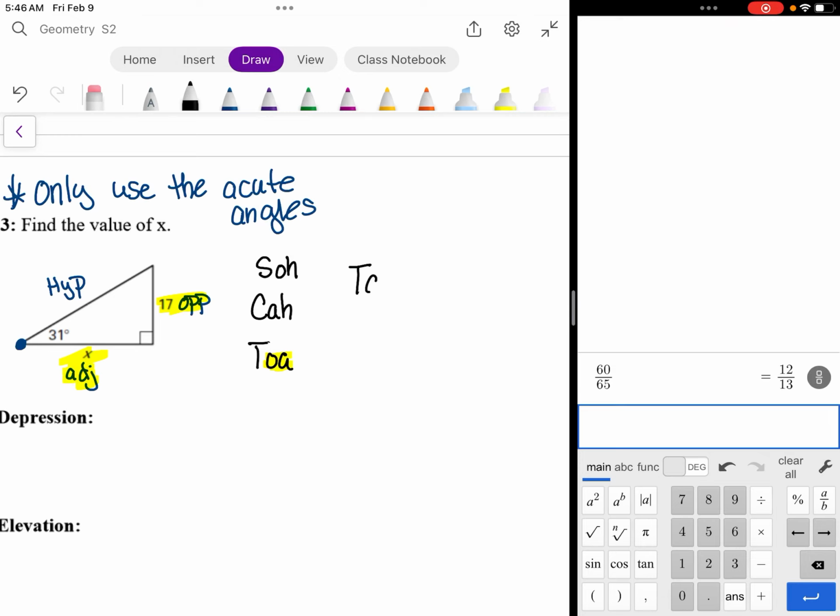And when we set that up, we're going to do tangent, and instead of a letter for the angle, because we know the angle measurement, we're going to put in 31. And that's going to go in parentheses. So tangent 31 equals, and then we set up our fraction, opposite over adjacent, 17 over x.